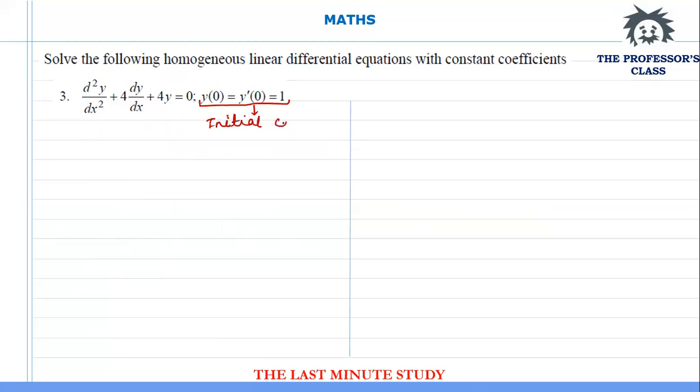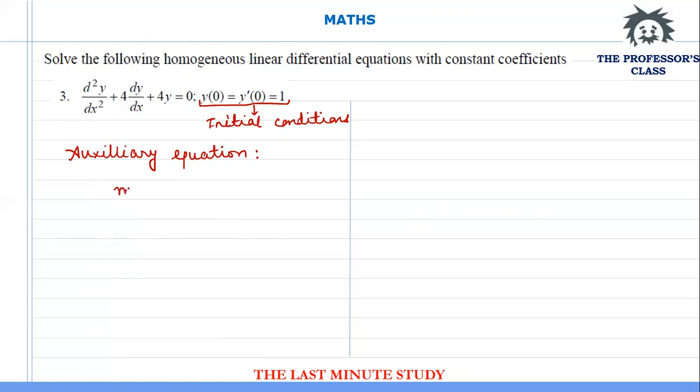So in this question, initial conditions are given to us and we'll be using them to find out the value of the constants C1 and C2. So this entire equation, if I directly convert it into the auxiliary equation, you can simply write down d square over dx square as m.